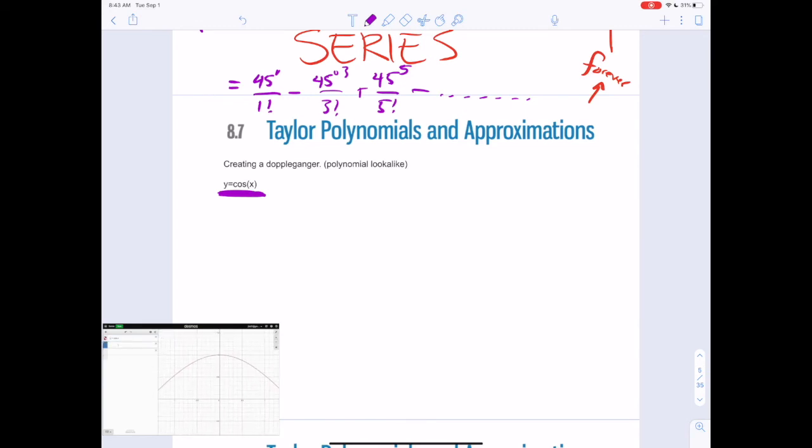Okay? I'll zoom in even more. When we're really close to 0, what function does that look like, you guys? Okay, pause and play when you're ready. Okay, cosine x looks a lot like y equals 1.